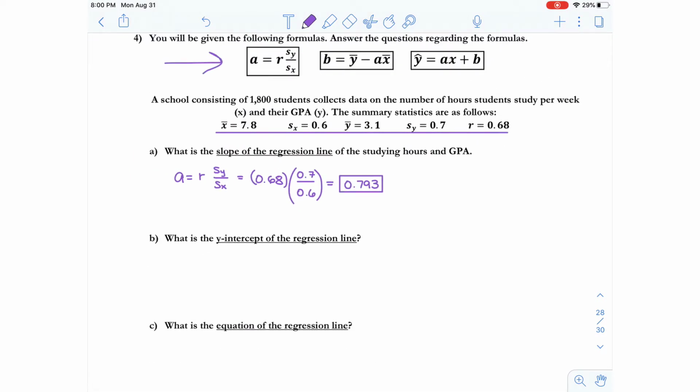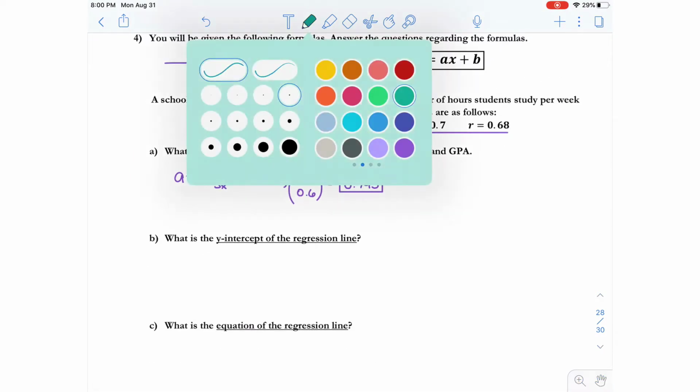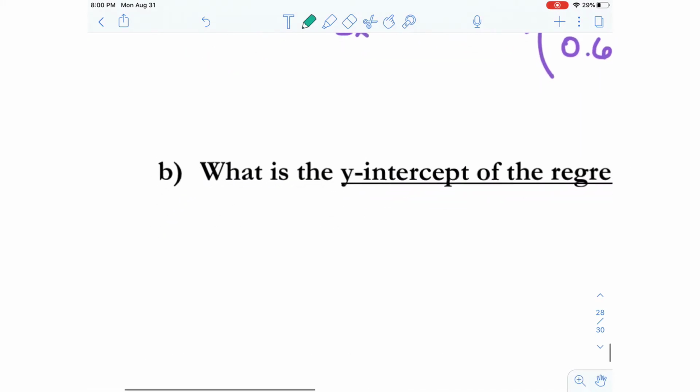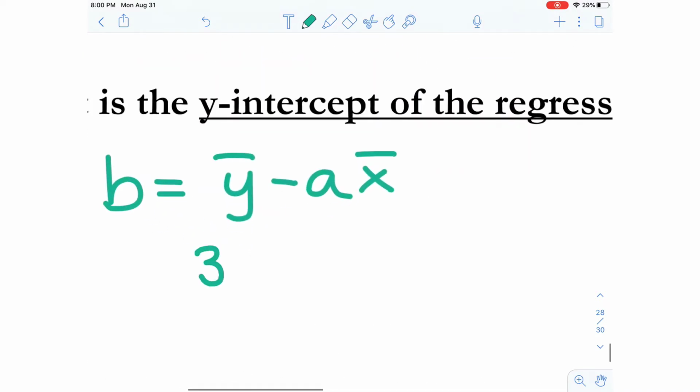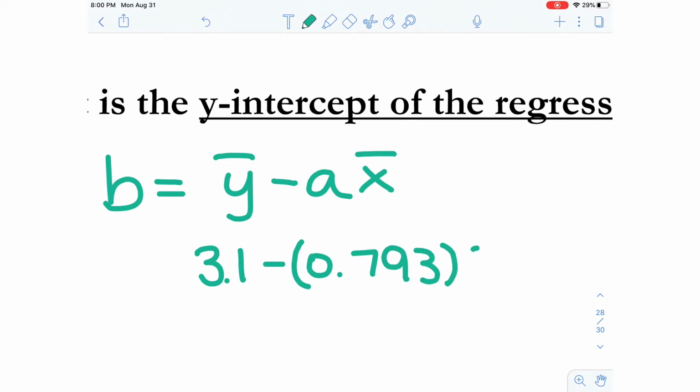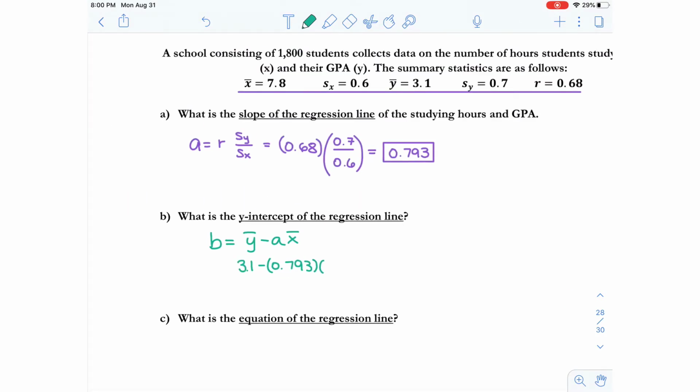And now we're going to move on to the y-intercept. The y-intercept is the b. b is going to be equivalent to y bar minus a times x bar. So the y bar is 3.1 minus the a, which was 0.793, times the x bar, which was 7.8.